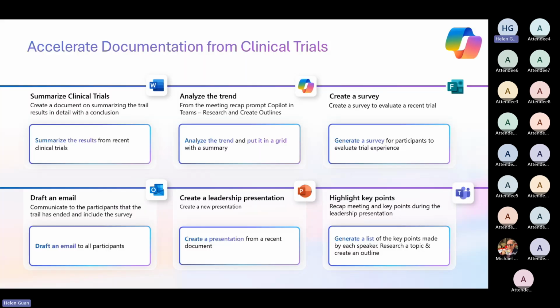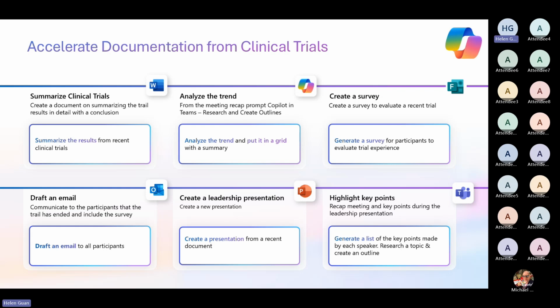All right, so I'm going to show you some use cases on how Copilot for M365 can benefit your day-to-day. One example I have here is accelerating documentation for clinical trials. I can imagine the amount of documentation that you have to do for one clinical trial. So I'll go through how you can summarize clinical trials, create a new document, never starting on a blank slate, and then analyze the trends.